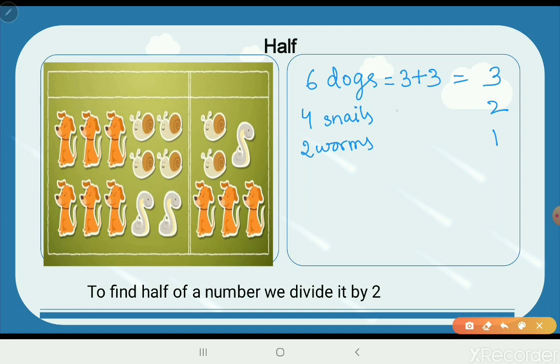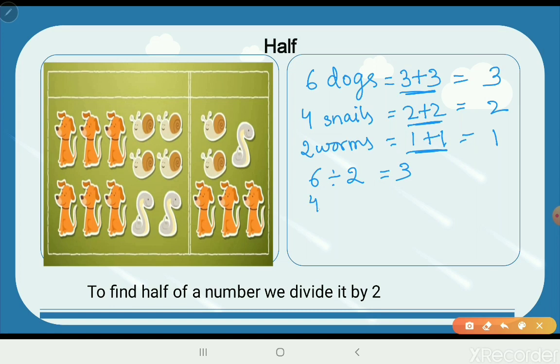Here to split 4, what can I write? 2 plus 2 is equivalent to 4, and if I want to split 2, I can write 1 plus 1. So what are we finding here? We are finding half. To find half of a number, we have to split it into 2 equal parts. If I divide 6 by 2, what is my answer? 3.